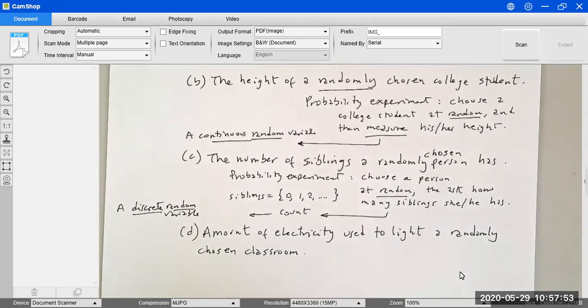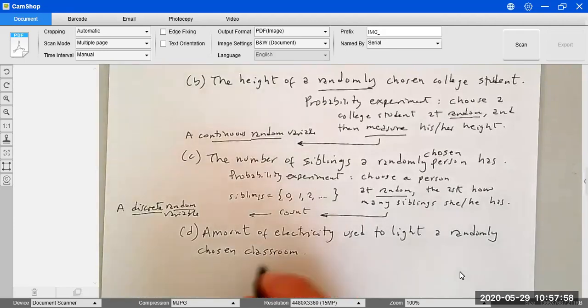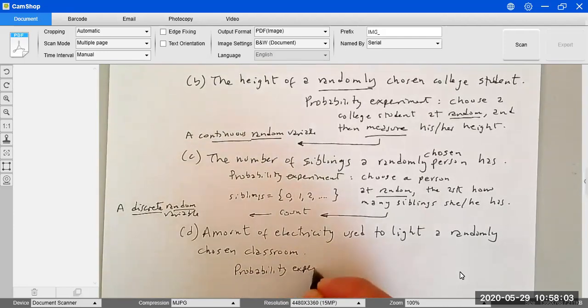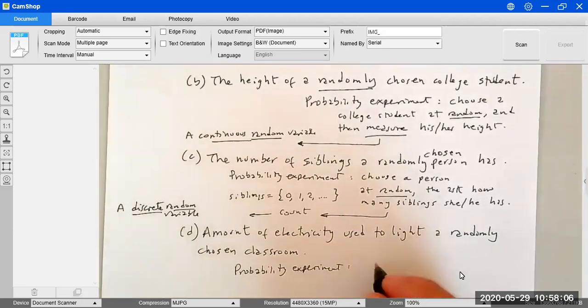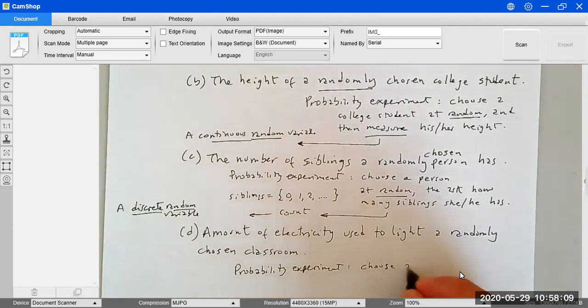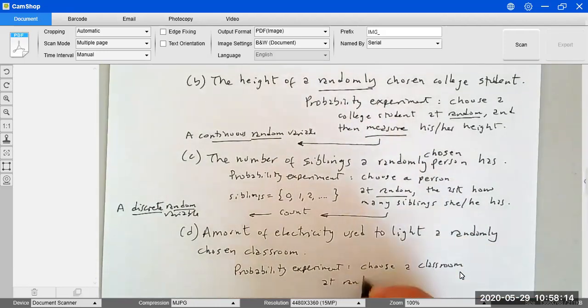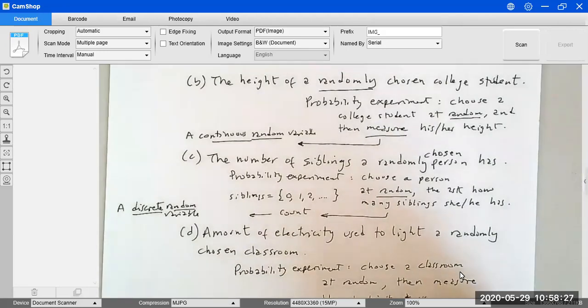Now the last case, the amount of electricity used to light a randomly chosen classroom. So what is the probability experiment? The probability experiment is that you're gonna go out and choose a classroom at random, and then you're gonna measure the electricity used to light the classroom.